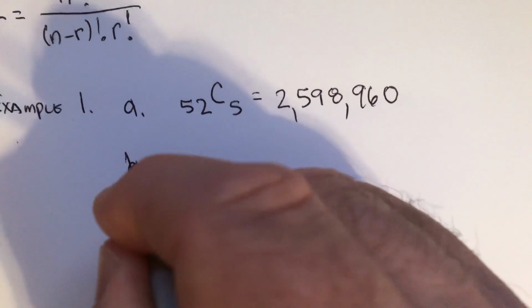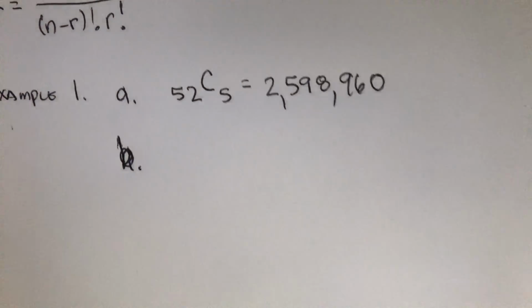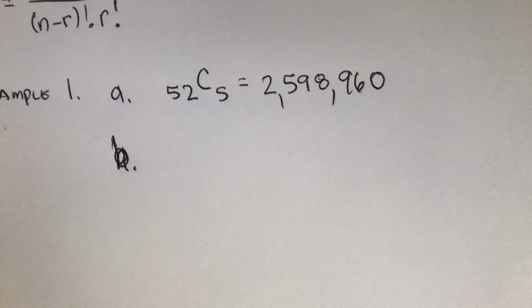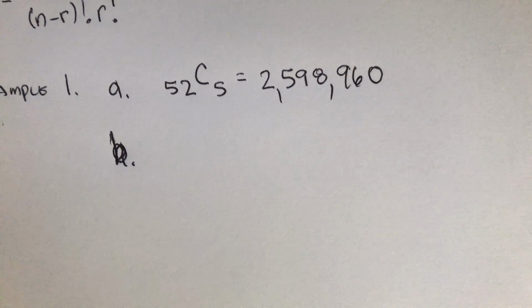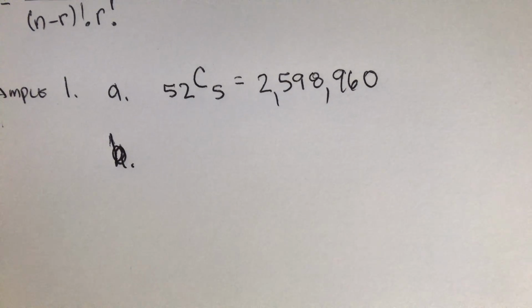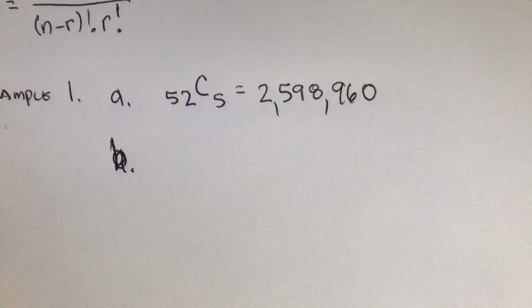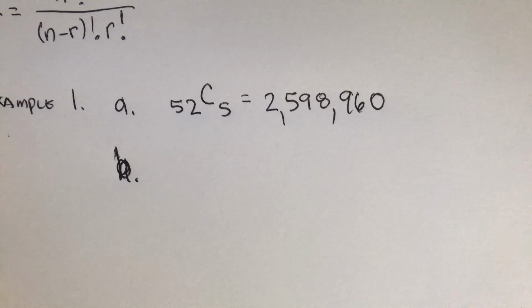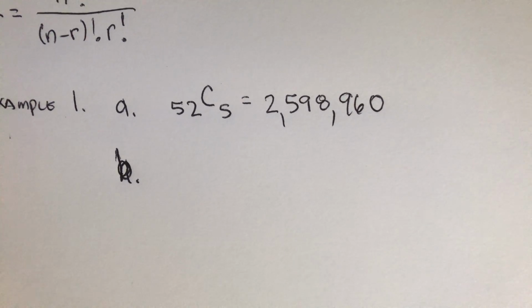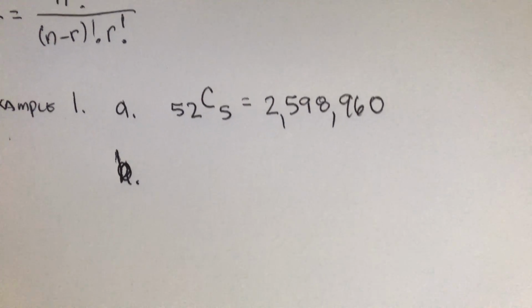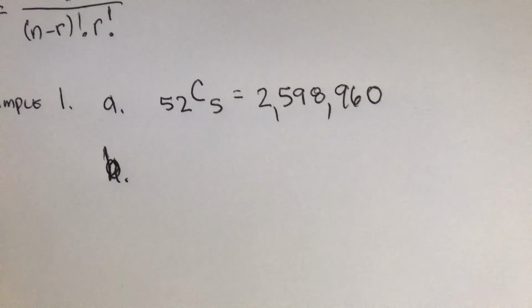Let's look at part B of example 1. It says, in how many 5-card hands are all 5 cards of the same color? Same color. In other words, I've got to have all 5 black or all 5 red.